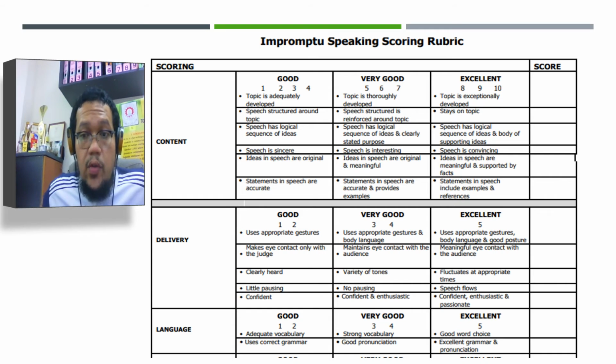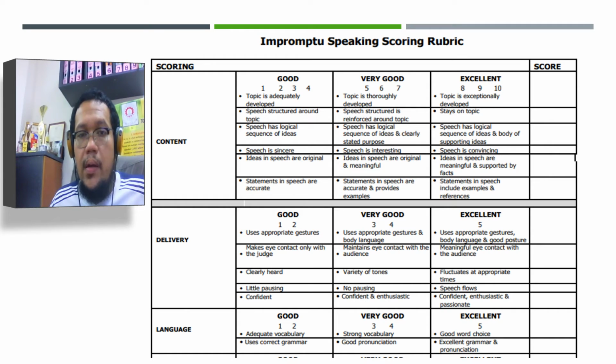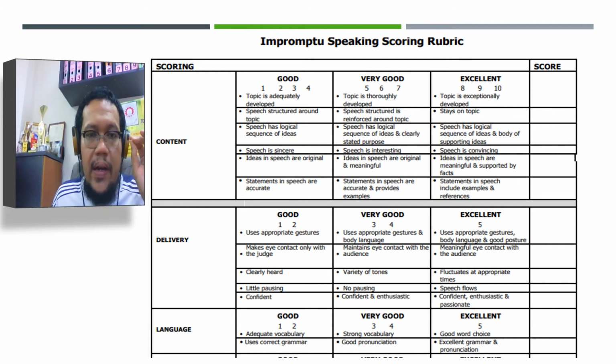Okay, basically you will be evaluated in three major aspects in impromptu. First is content. In content we'll look at whether you have developed your topic well by looking at the transition, whether you use the transition well. I mean the structure of your speech must be very good, with a logical sequence of ideas. Like I said, first, second, and third, basically we look at the transition.